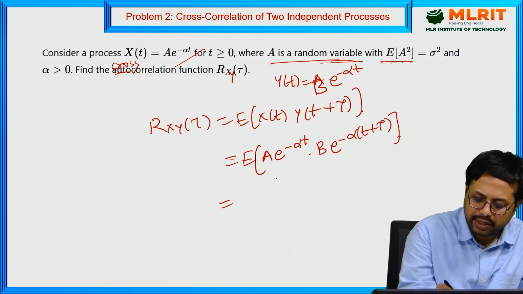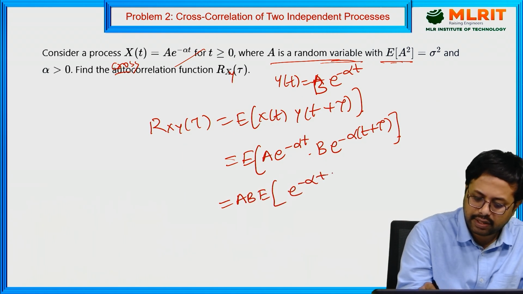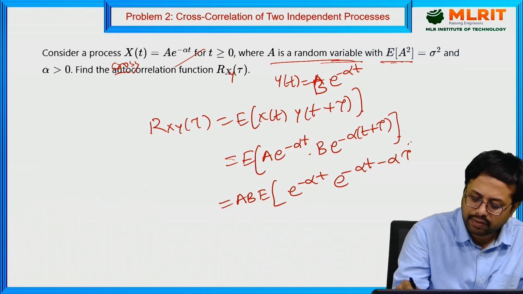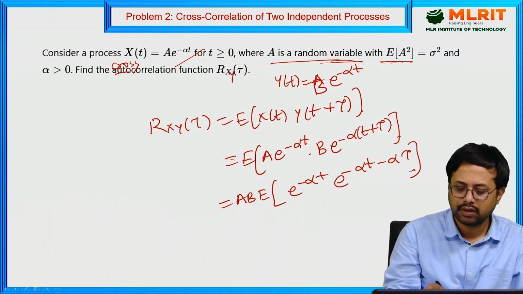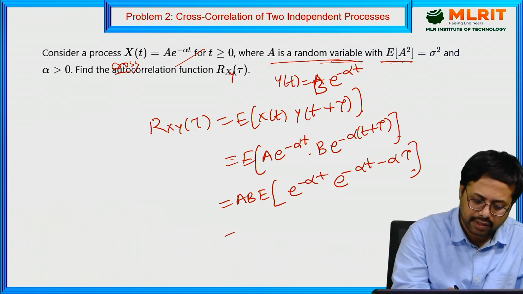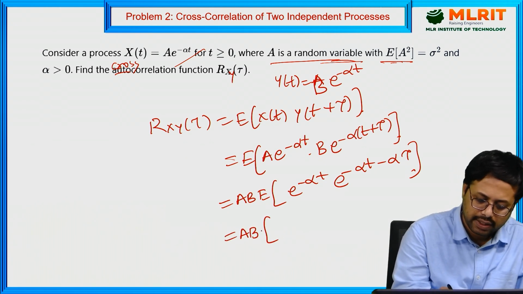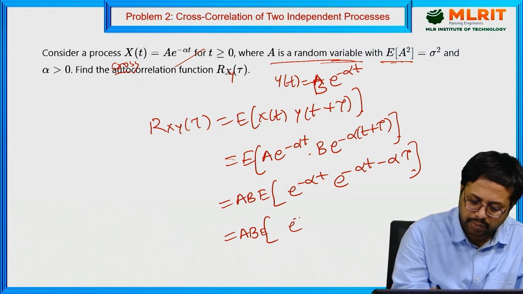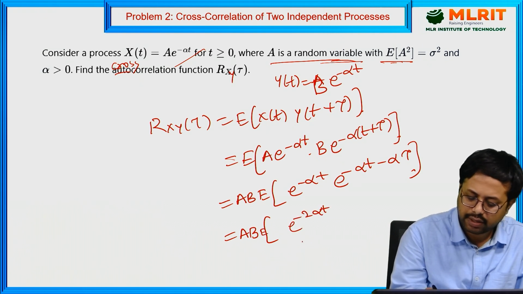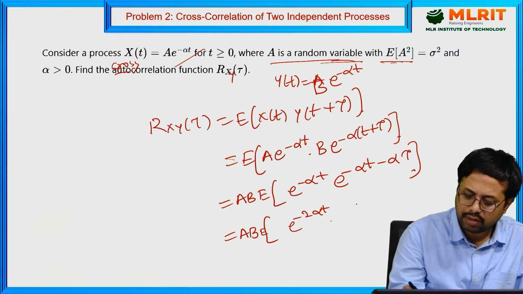Now AB is constant, take it outside, then you get expectation of e to the power minus alpha t, e to the power minus alpha t minus alpha tau. Now we simplify it further: AB is constant, take it outside, expectation of e to the power minus 2 alpha t into e to the power minus alpha tau.